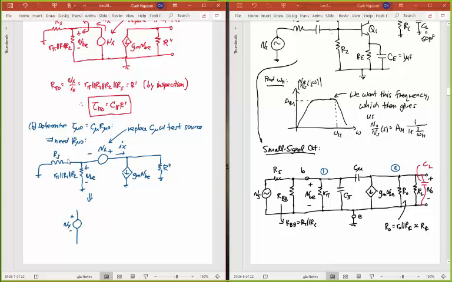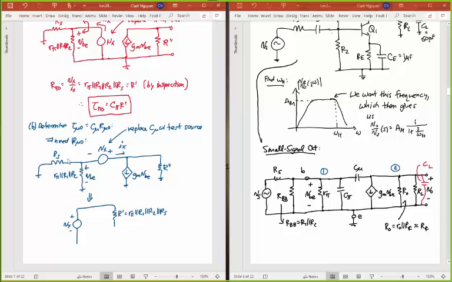So there's my Vx. I'm going to take it up here. That's going to go into that parallel combination of resistors. And so that whole parallel combination of resistors, that's just R prime again. And so I'll write this out completely. So that's R pi parallel R1 parallel R2 parallel with RS.